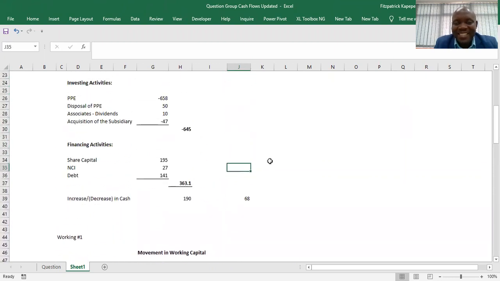We included a transaction that has nothing to do with our funds. These are externals, the NCI. We don't get any cash from them. There's no cash movement. So the issue here is, did we give them dividends? Did we also give ourselves dividends? Did we pay dividends to our shareholders?